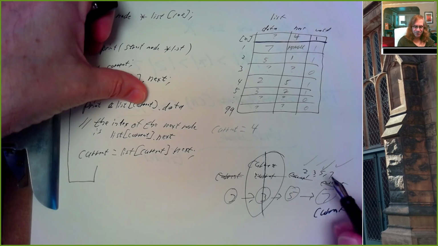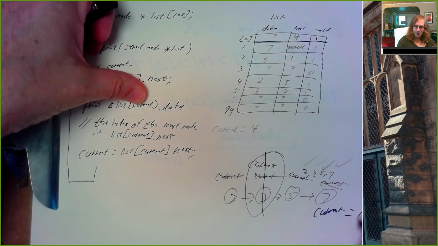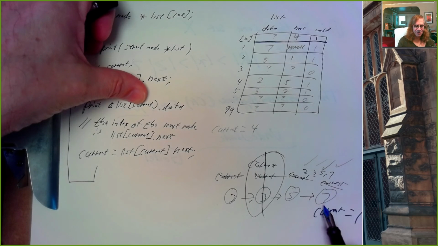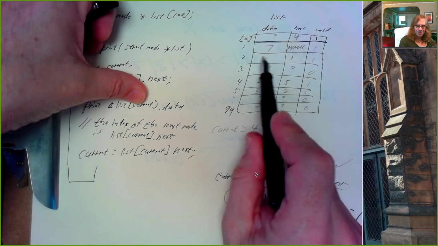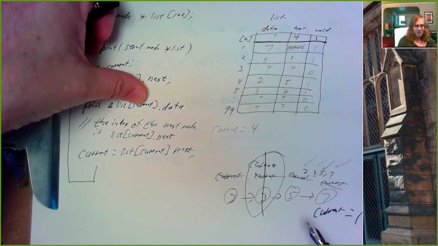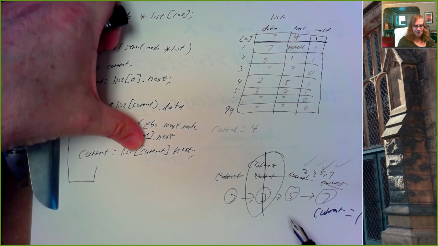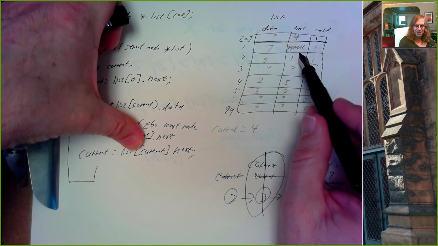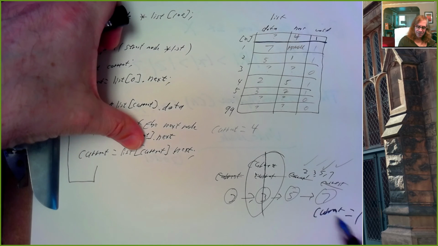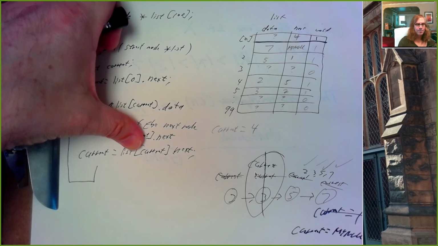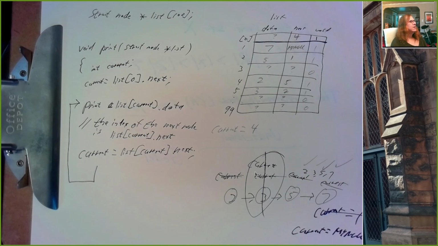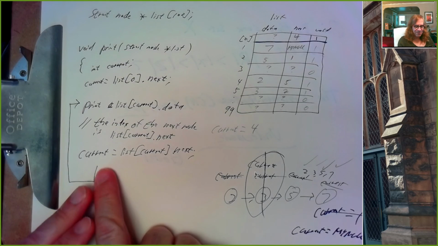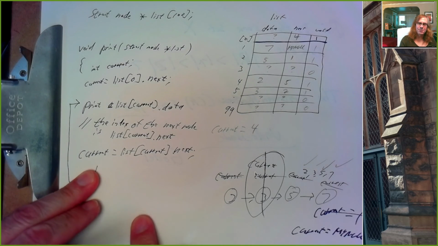Well, current is going to be equal to 1, right, which is the index of the 7 node. So we'll print list[1].data, that prints the 7. And then we set current equal to list[current].next. Well, list[current].next is my null. So our loop ends when, after doing this, current is equal to my null.